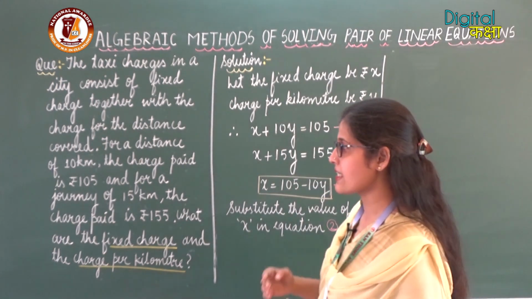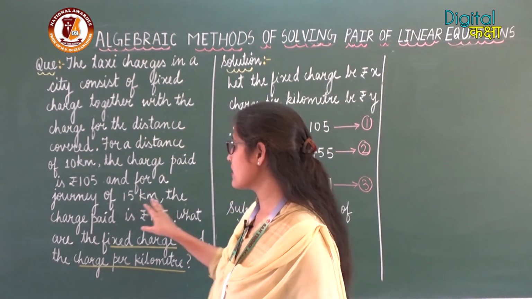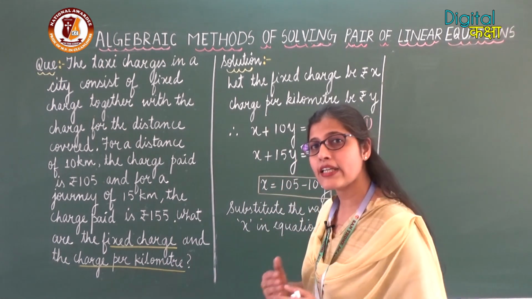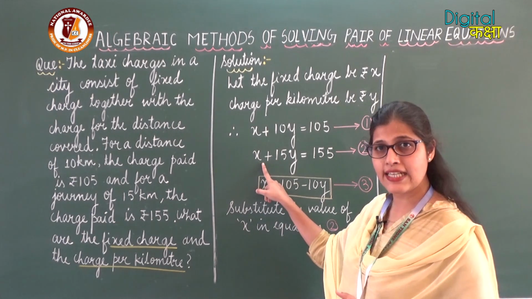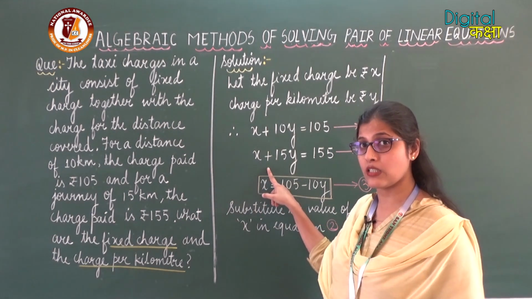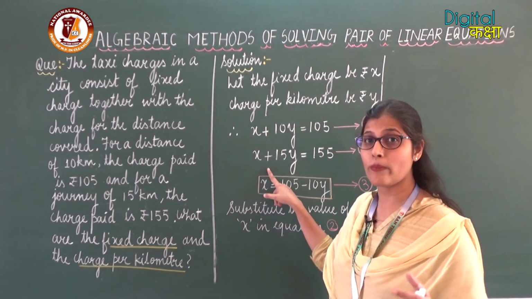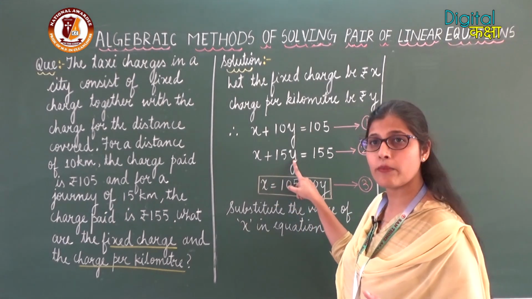Now, in the second case, if he is travelling for 15 kilometers, he will be paying rupees 155. So, again he has to pay that fixed charge which is rupees x, plus since he is travelling 15 kilometers and we already know that the charge per kilometer is rupees y, we will multiply 15 by y.